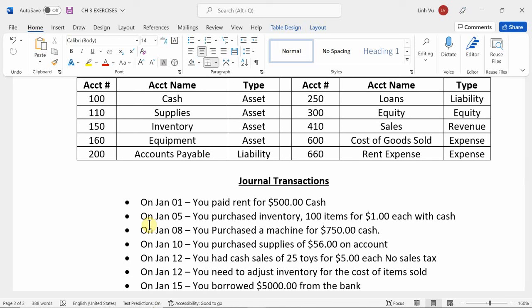You're increasing it. Now, how do I increase a liability? Credit. Excellent. You increase a liability with a credit. So therefore, I'm going to debit my supplies and I'm going to credit my accounts payable account.